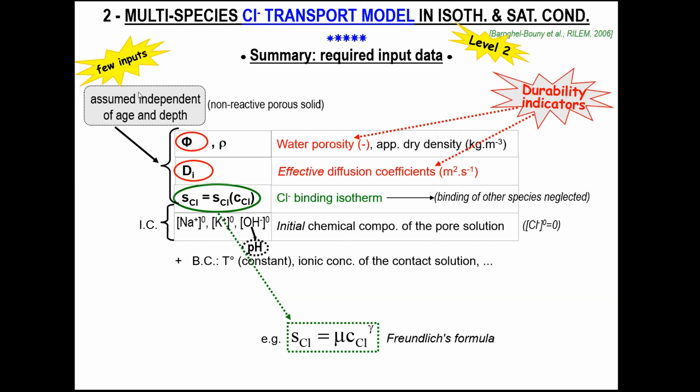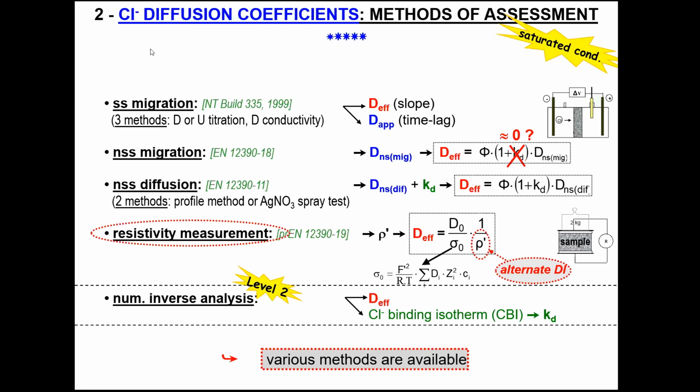And you can see that you will need few inputs for this model: the porosity, of course, the effective diffusion coefficient, and this binding isotherm, or at least the binding capacity. And as I mentioned before, we have a lot of test methods now.